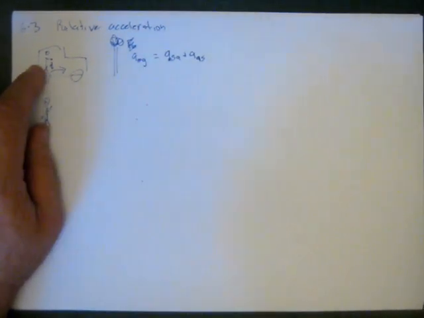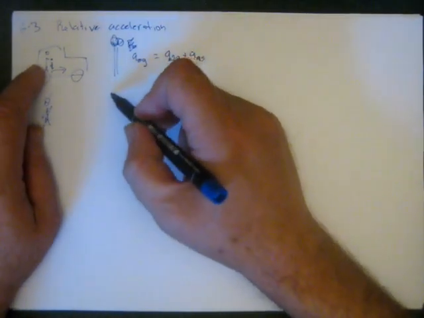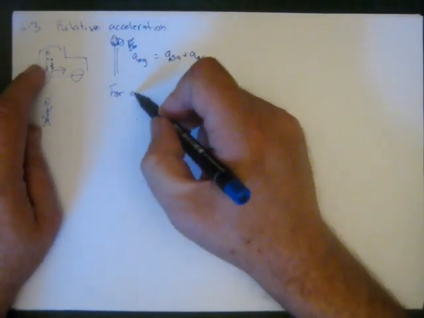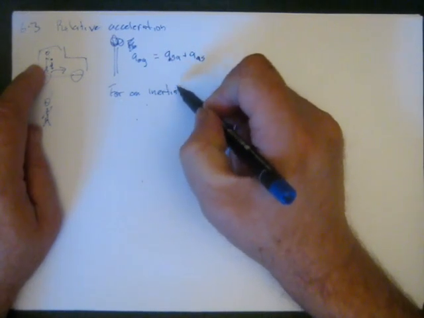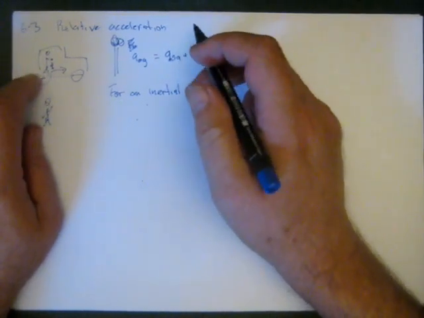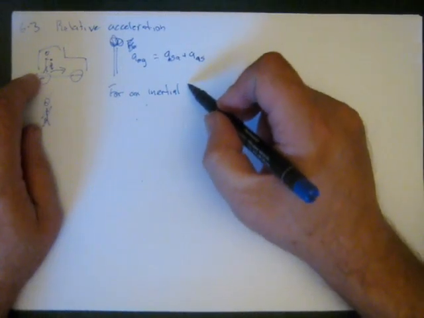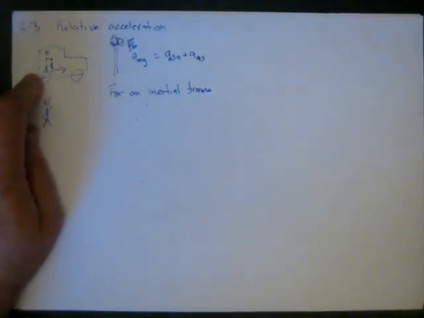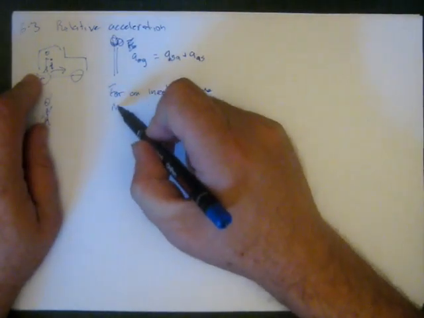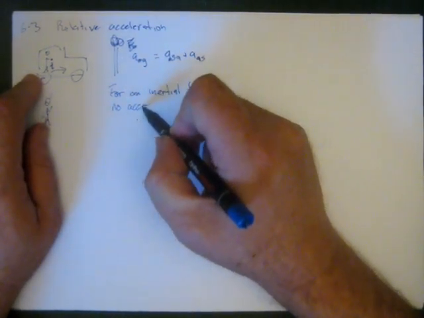But let's do the trivial case, or the initial case, for an inertial frame. So we're going to say that the van is in an inertial frame. And remember, the big thing about an inertial frame is there is no acceleration.